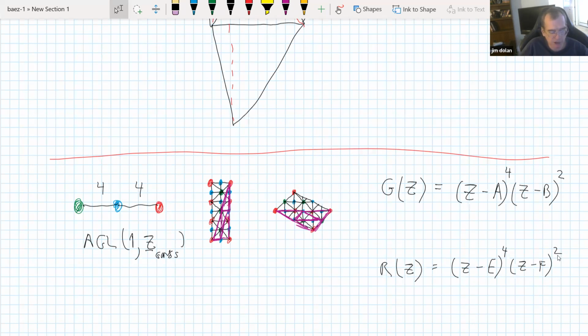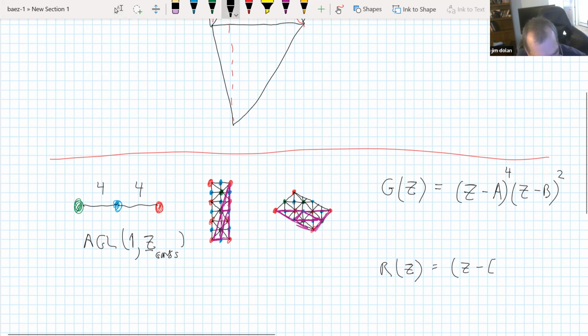So A and B are the names of the green vertexes, E and F are the names. Oh, that was stupid. Let me call them C and D instead, because we're going to need 4 of them for the blues. So C and D isn't enough for the blues.